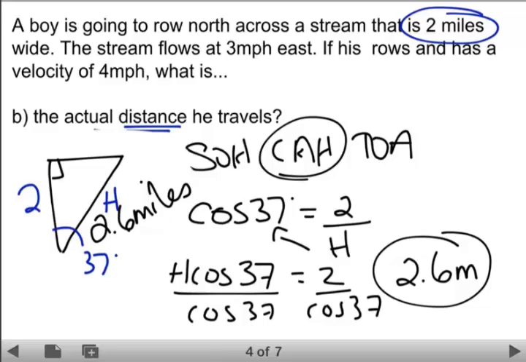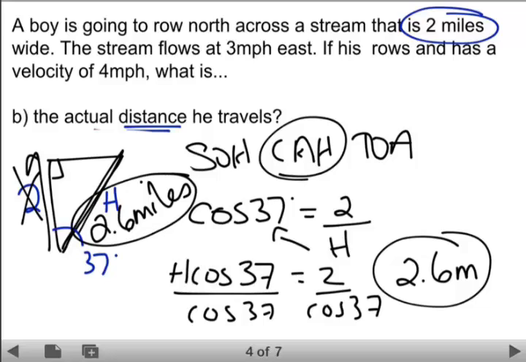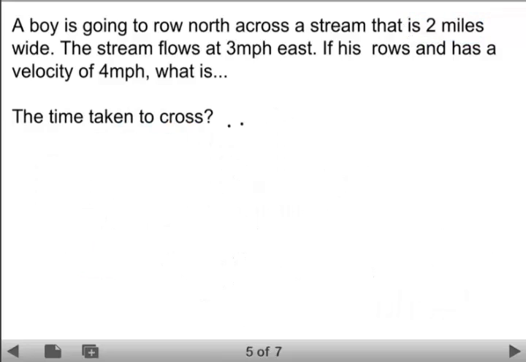So that's the distance that he travels. Okay, so he doesn't actually travel this 2. That doesn't happen because it gets pushed off course. He actually travels this 2.6 along this route here because of the current. So how long does it take him to cross? Well, we know that he traveled a distance, actually I should probably use proper notation, v equals distance or displacement divided by time.